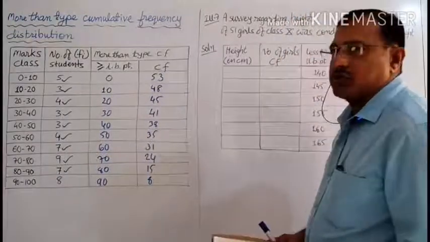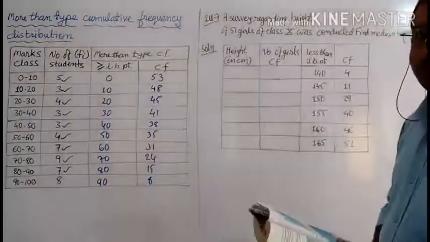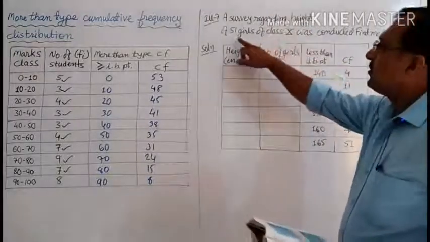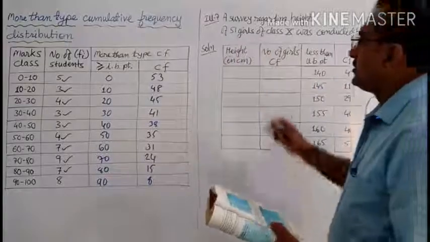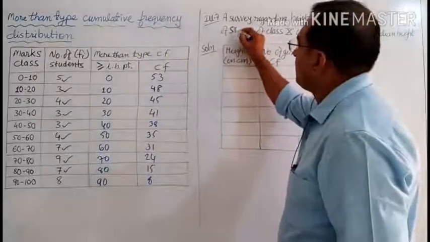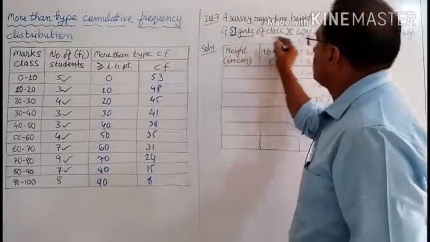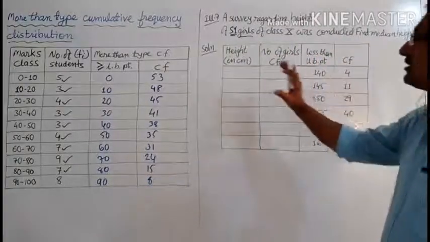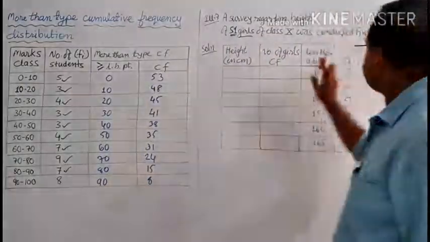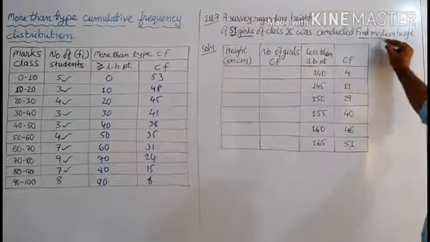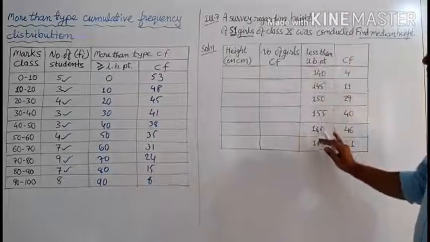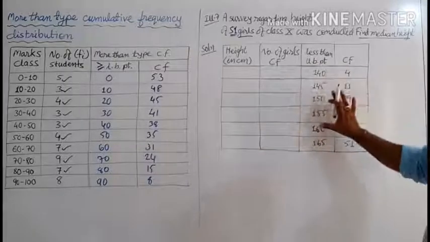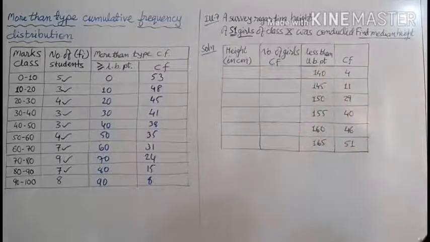Now based on this we will go for illustration 7. In this illustration 7, a survey regarding heights of 51 girls of class 10th was conducted. Data is given here, the less than type cumulative frequency distribution with upper boundary points is given, and we want to find the median.